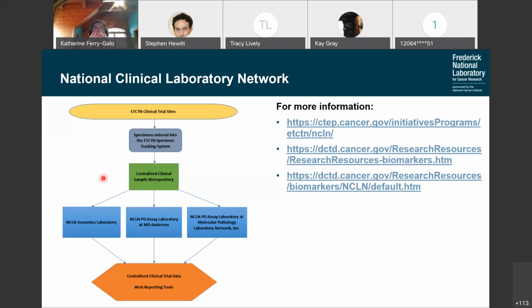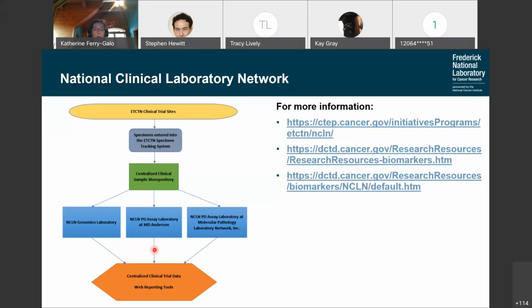this body of resources has at the heart of it 3 laboratories. The NCLN Genomic Laboratory, which is harmonized by assays developed, validated and utilized by the Molecular Characterization Lab, also at the Frederick National Laboratory, and you will hear from Dr. Chris Karlovich in the next presentation, who helps run this program.